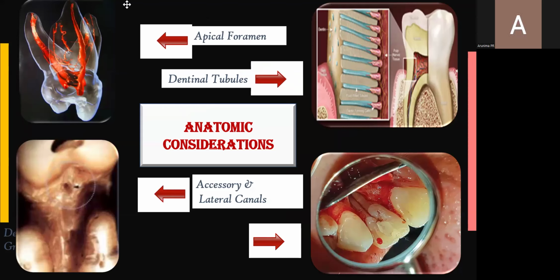When you look into the anatomical considerations, you can see that the apical foramen, the dentinal tubules, and the accessory lateral canals are the anatomical factors responsible for the initiation and progression of these two lesions.